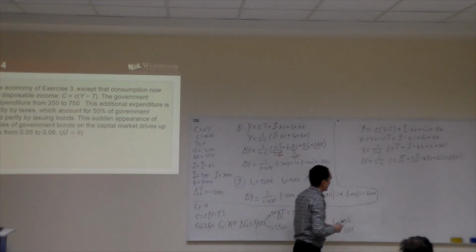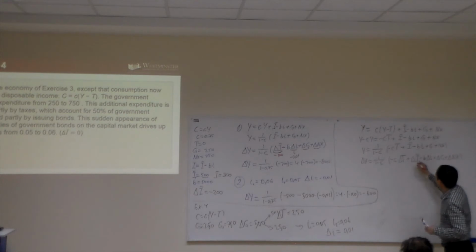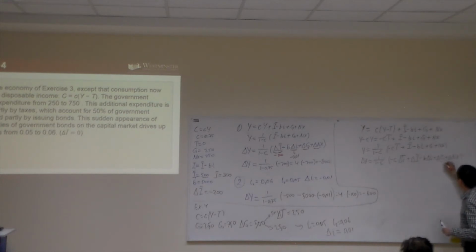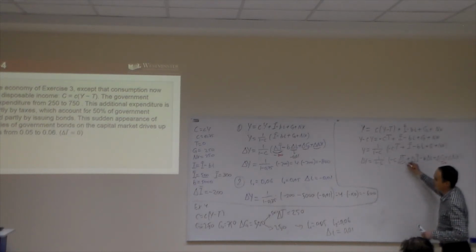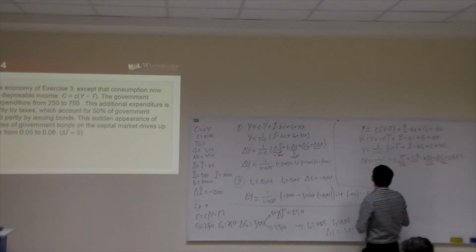Now we can see what the changes are. The government increased spending by 500 units, and it resulted in a change in tax, which is 250, and also a change in interest rate, which is 0.01.